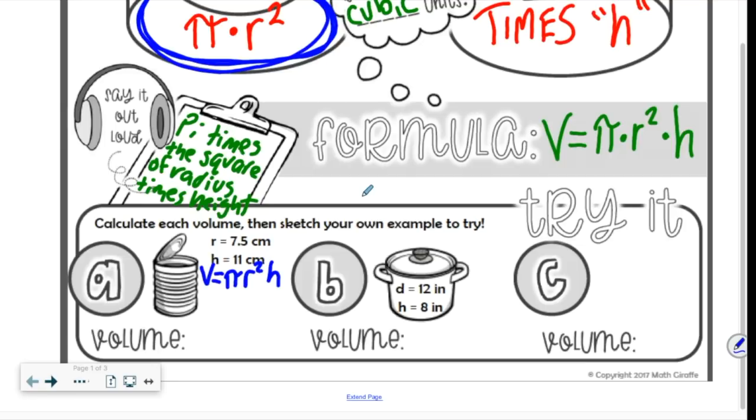The one thing that we are always going to know is that pi is there. We can use pi. Our radius is 7.5, so we need to put 7.5 squared. And then you're going to multiply it by your height, 11.